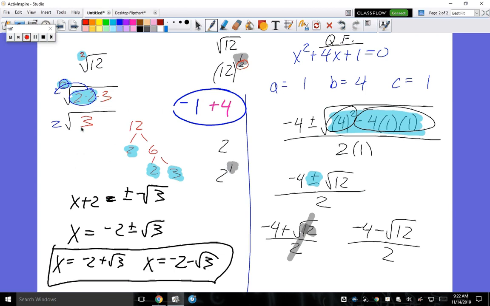For instance, let's say that we had 32. But we weren't taking the square root, we were taking the cubed root out. 32 is 2 times 2, which is 4, times 2, which is 8, times 2, which is 16, times 2, which is 32.